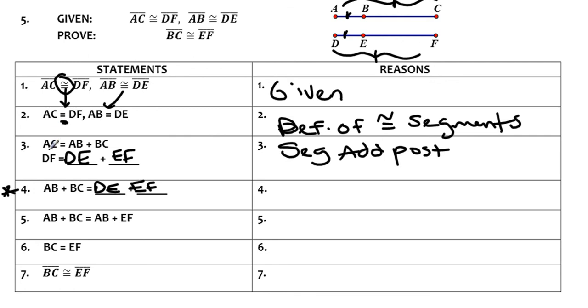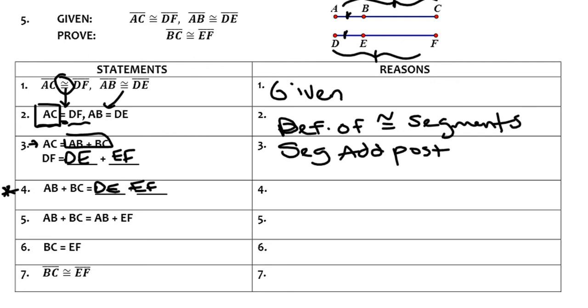Okay, watch carefully. Up here, we said that AC equaled DF. And then down here, we defined what AC was. We said AC was the same thing as AB plus BC.